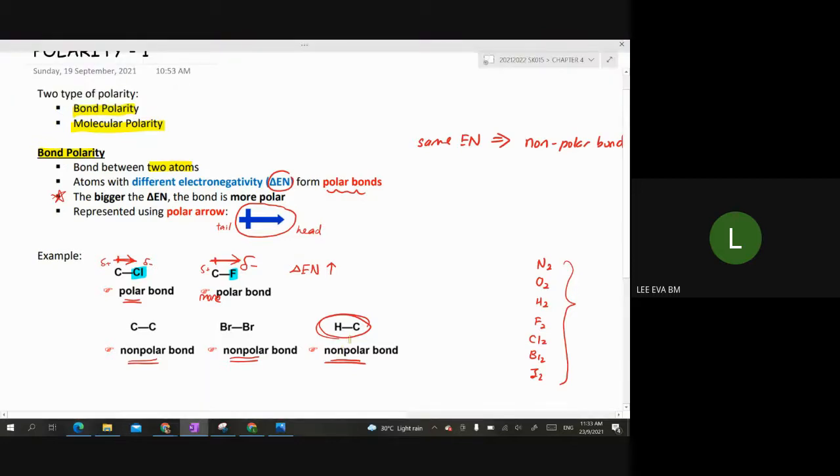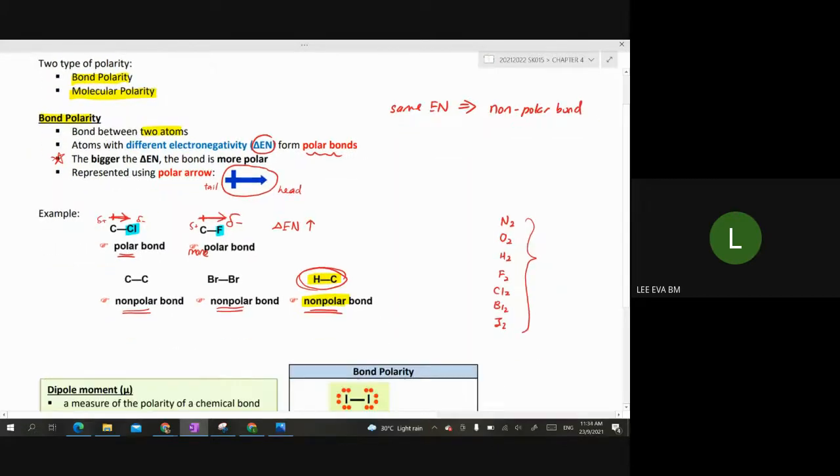Walaupun dia antara dua atom yang berbeza, tapi kalau awak nampak carbon dengan hydrogen, dia memang non-polar. So kalau non-polar, kita tak lukis pun polar arrow. Is that okay? Okay. Catat ya, untuk C-H bond is a non-polar bond.